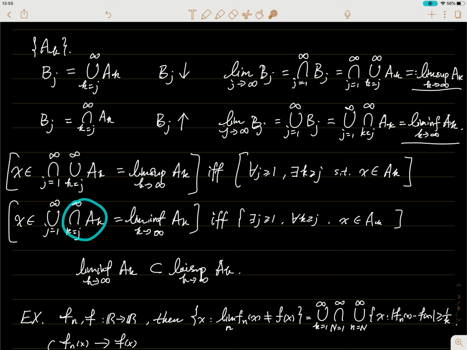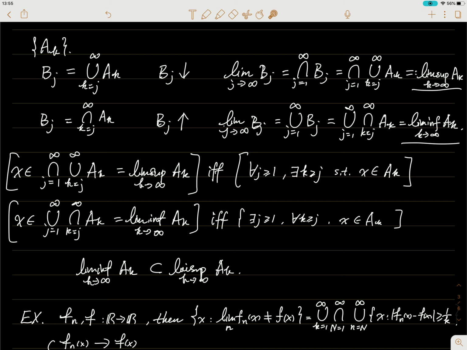And here, this is the intersection, and that means it has to be true for all the k's bigger than or equal to j. So there exists a j such that for any k greater than or equal to j, x belongs to ak. Okay, so x is in the lower limit means that there exists some j such that x belongs to ak for k greater than or equal to j.